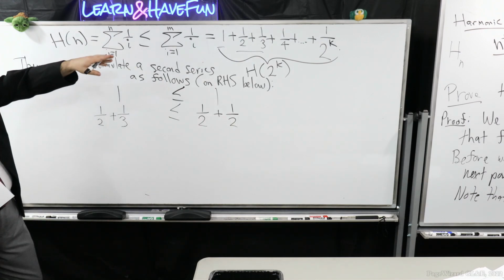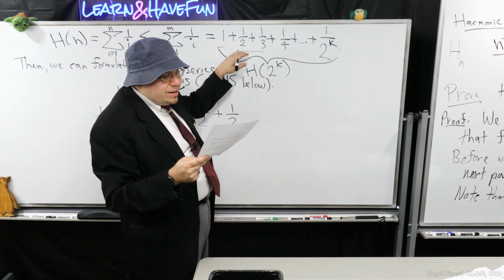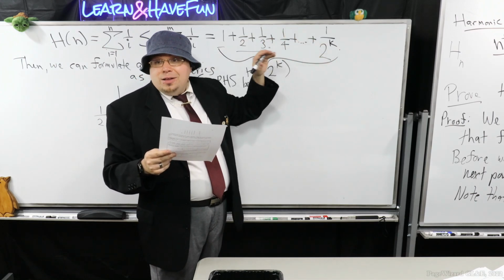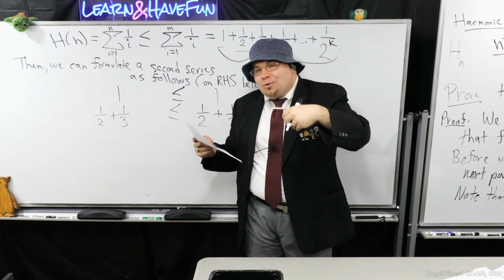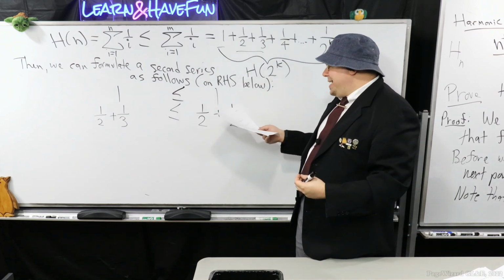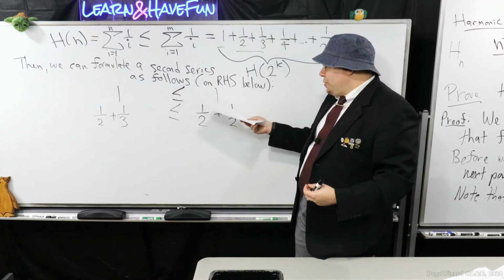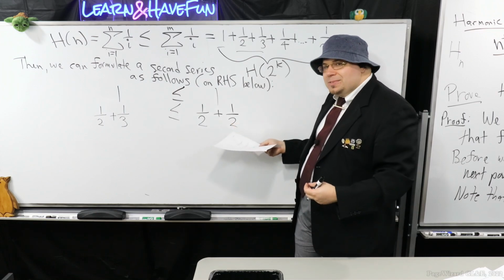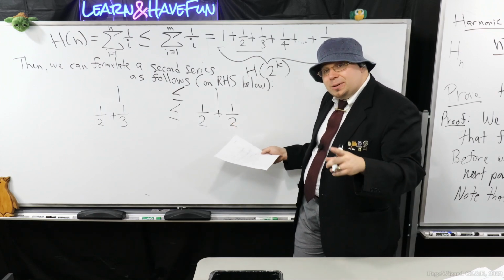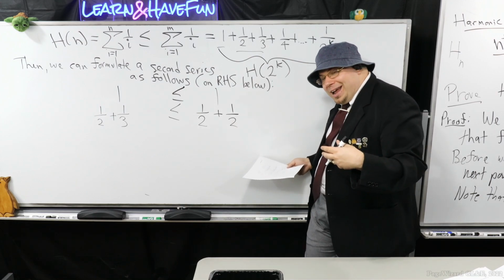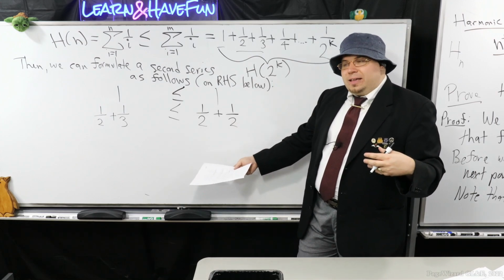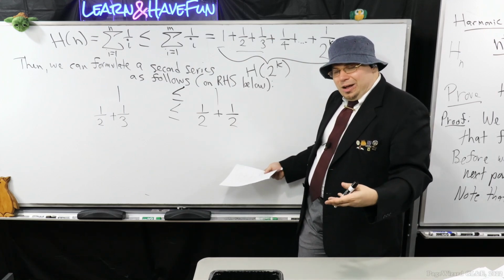So I'm going to take these terms in increasing powers of 2 many terms together, and I'm always going to write that by the next power of 2 on the right-hand side. This would be 1/1. This is going to be 2's in the bottoms. The next one's going to have 4's in the bottoms, but I'm going to have 4 of them. Then I'm going to have 8 of the 1/8's on the right-hand side, and so on, like 16 of 1/16's.